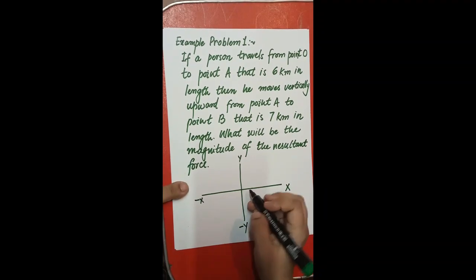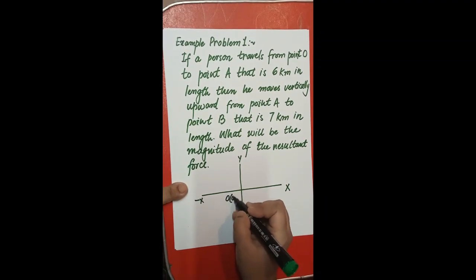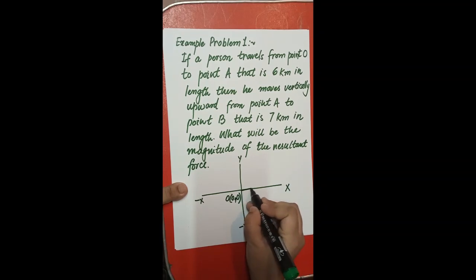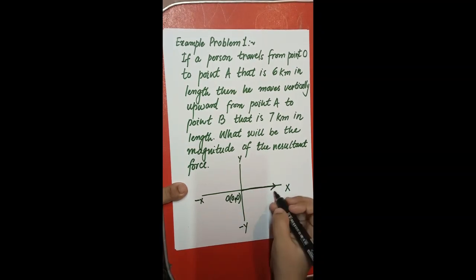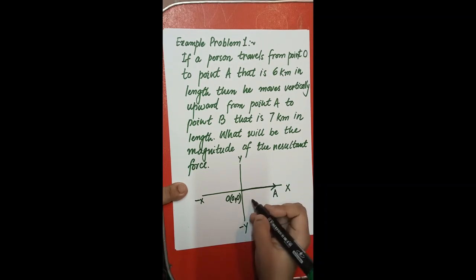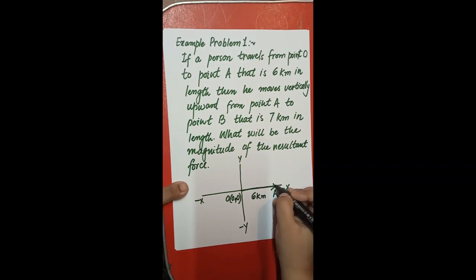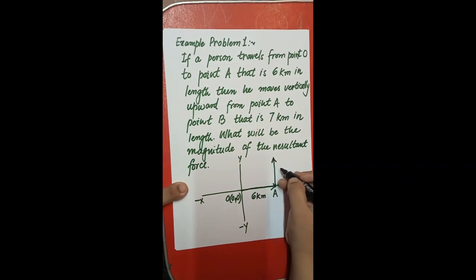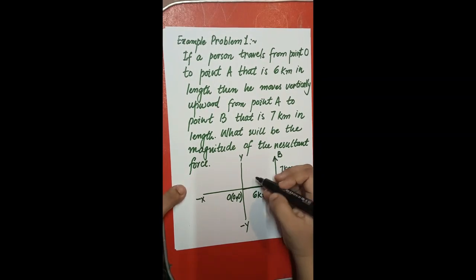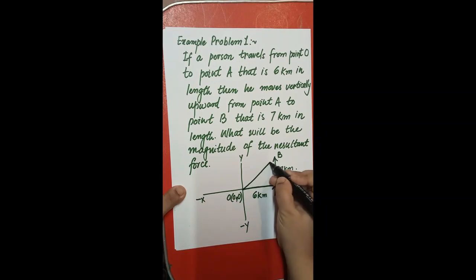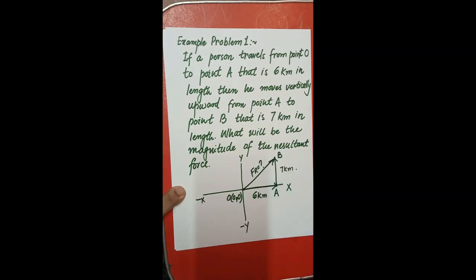If a person is moving from point O, which is the origin, to point A, that is 6 kilometer, and then he moves vertically upward and stops at point B, the length will be equal to 7 kilometer. So what will be the resultant force? We have to find out Fr here. Fr will be this.